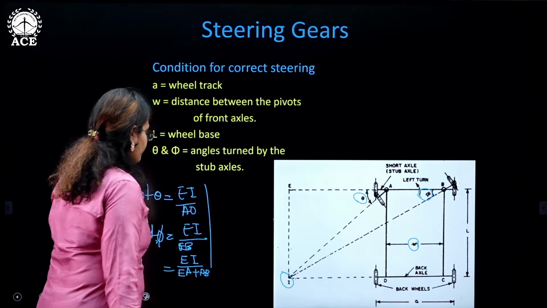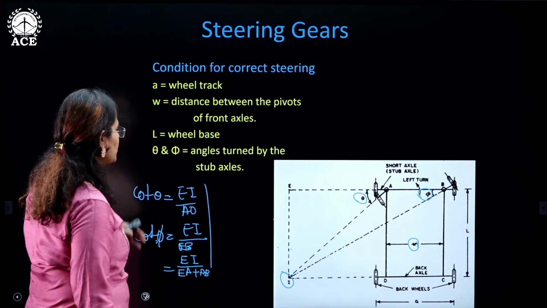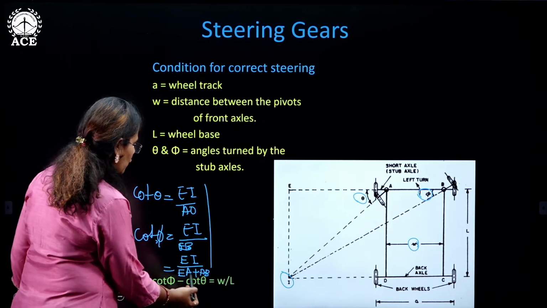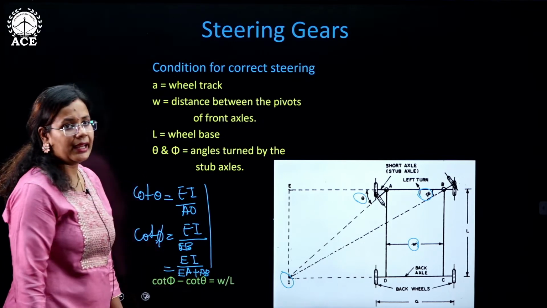So finally, when you subtract these two, you will get the equation cot phi minus cot theta is equal to W by L.